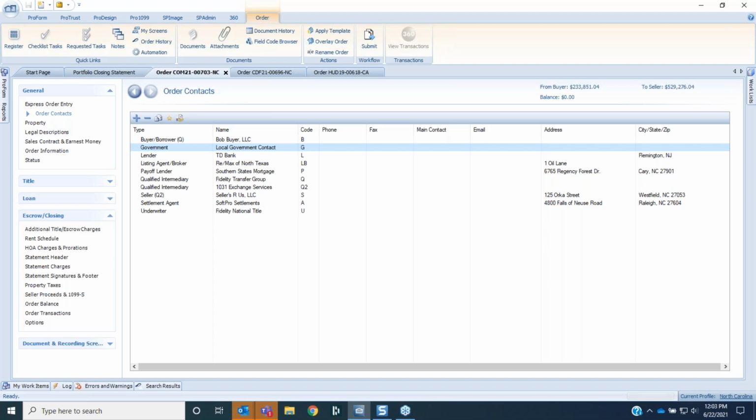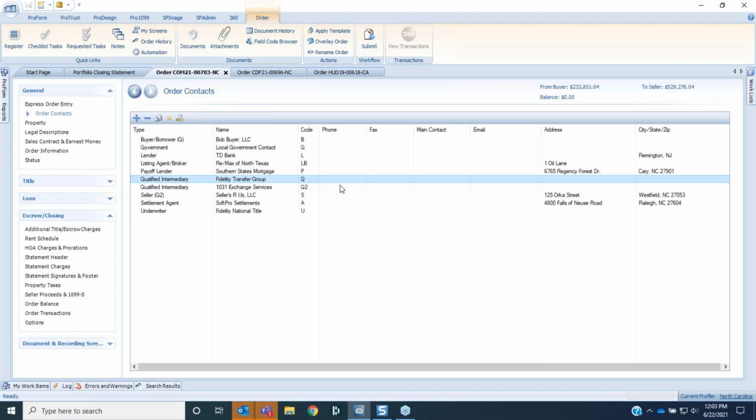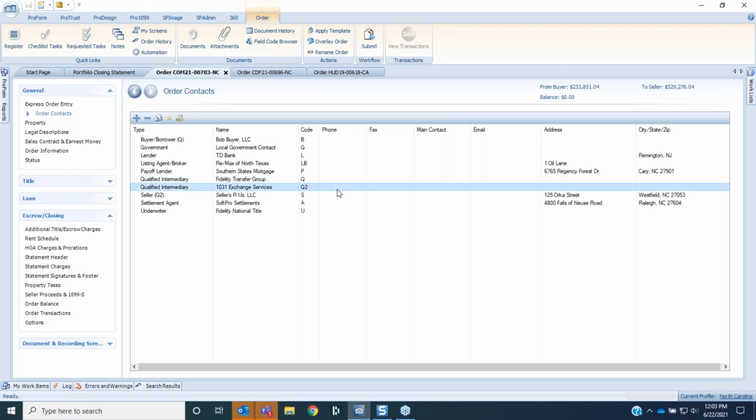Within the order contact screen, I can set up contacts for qualified intermediary. They are a contact type, and as you can see, they've got different codes. So here I've got my Q code and my Q2 code. That's telling me that we've got two QIs, or qualified intermediaries, involved in this transaction, but what capacity is each one of these QIs going to fulfill in my transaction?